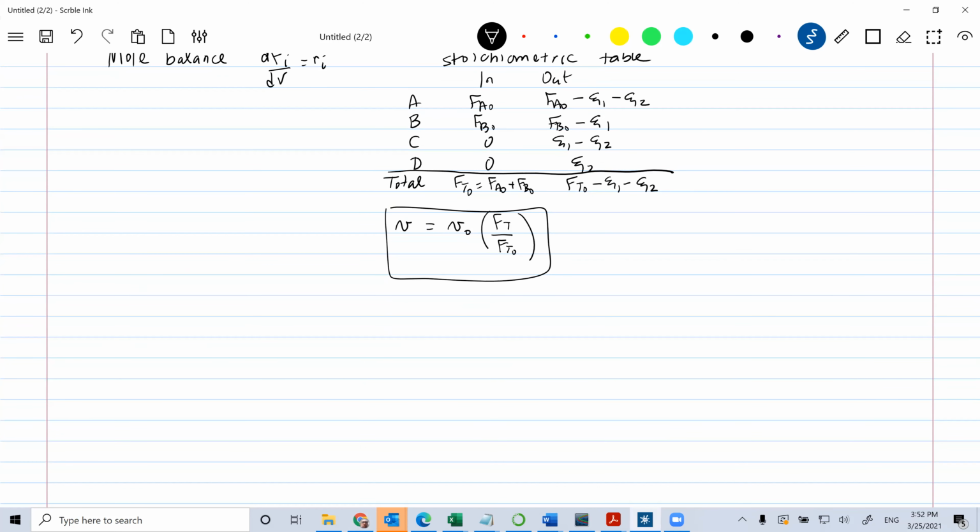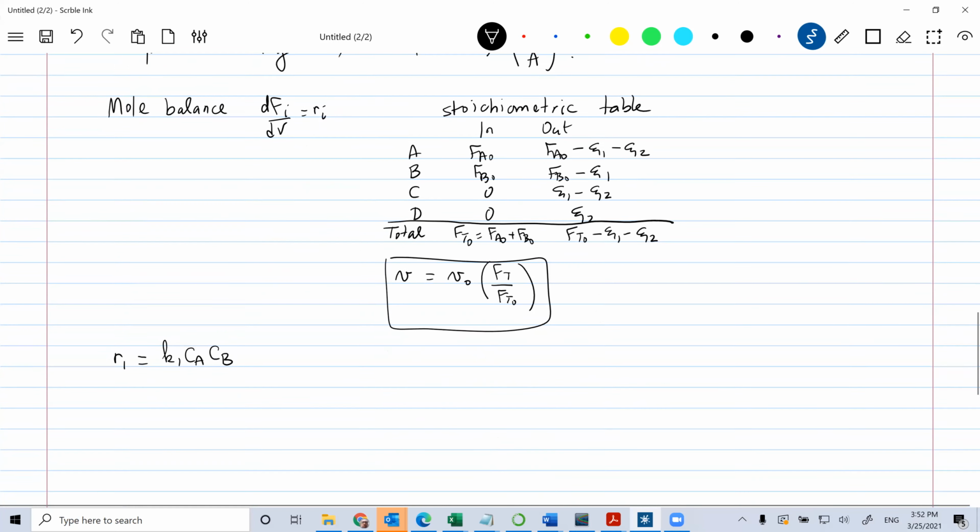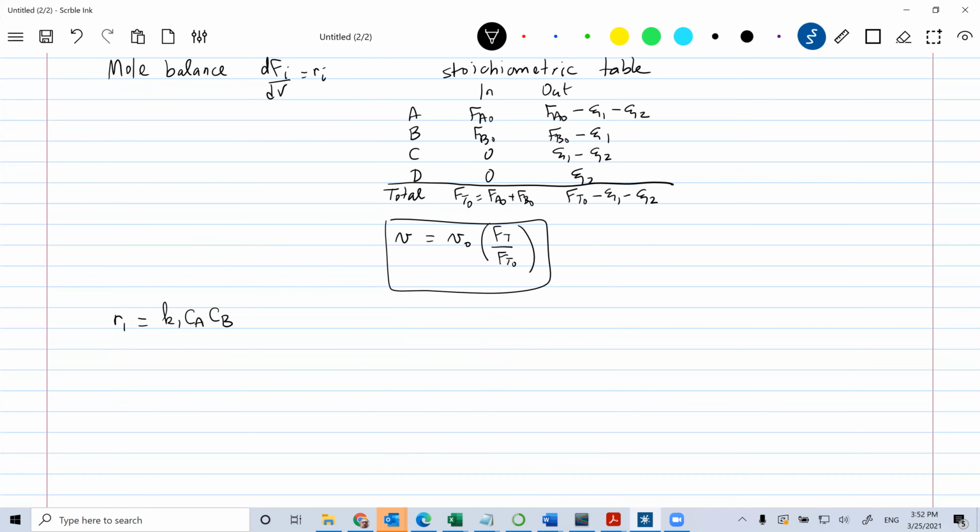We can write R1, which is the first rate, is k1 C_A C_B, because I'm saying it's elementary, so it's k1 F_A F_B over V squared.